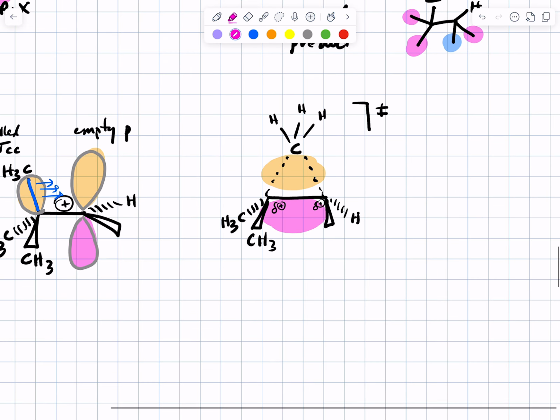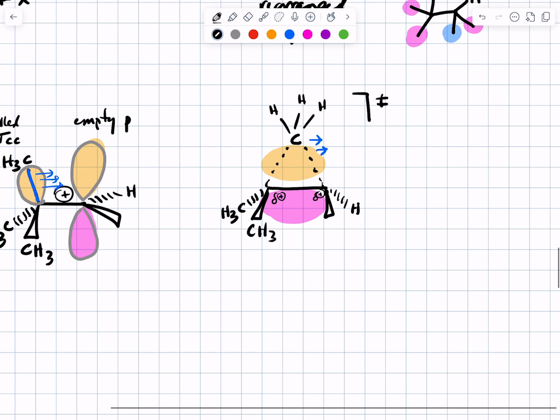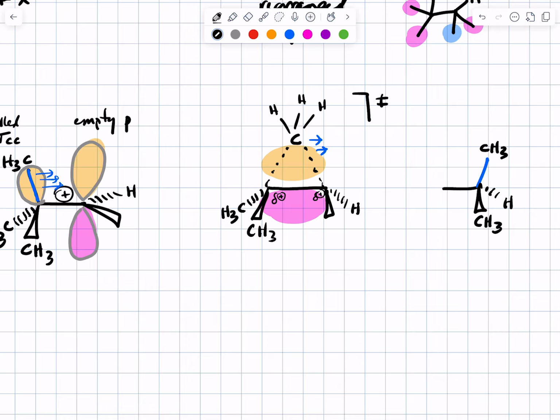Okay, and then imagine that the methyl group continues to move over to the right, and eventually forms this structure where now the electrons are completely here. And now the positive charge is completely over here.